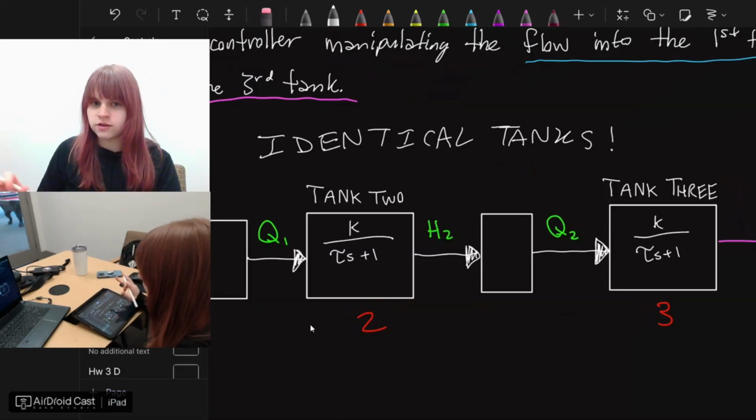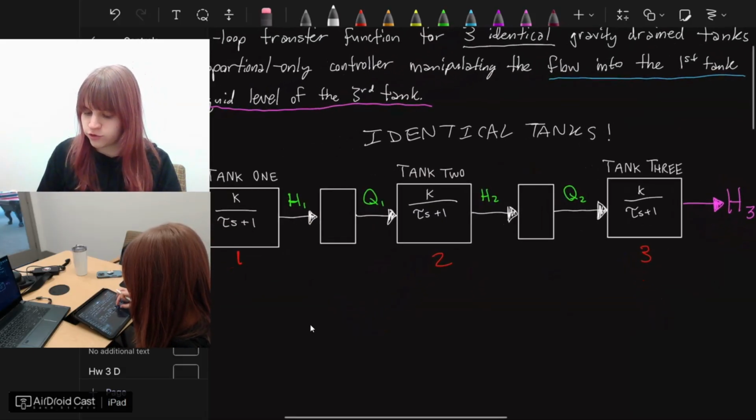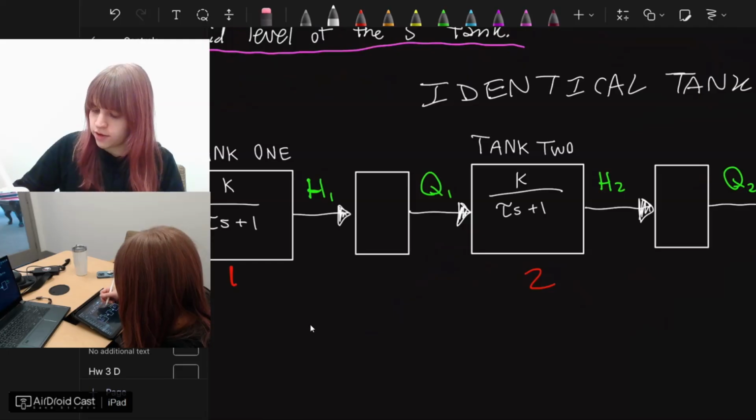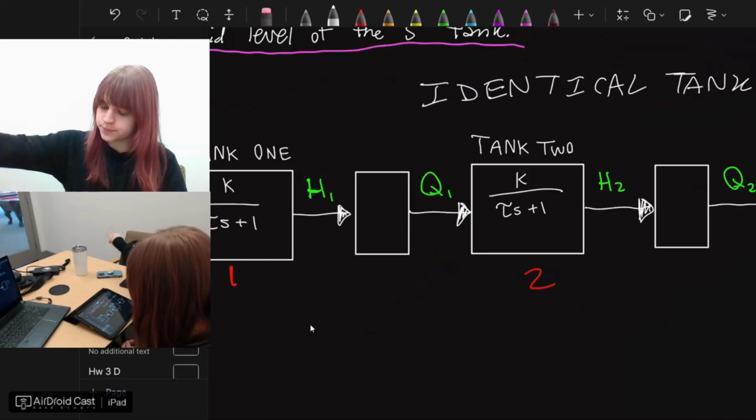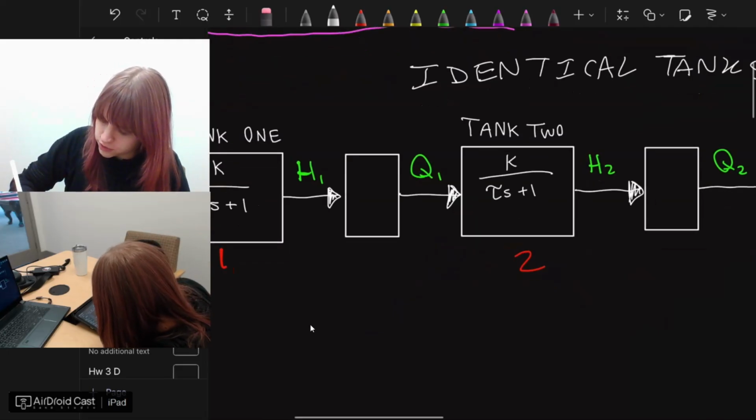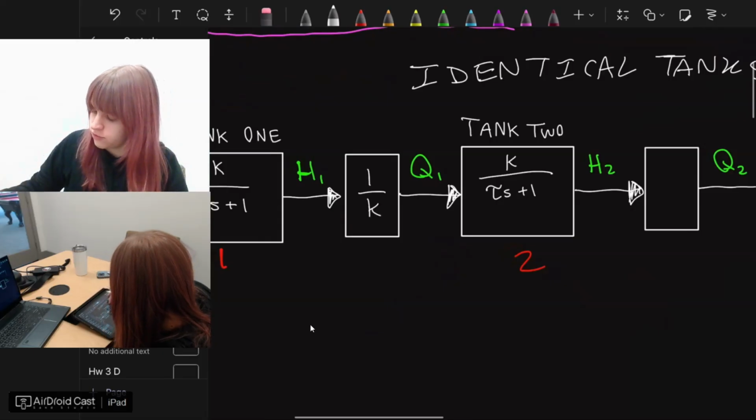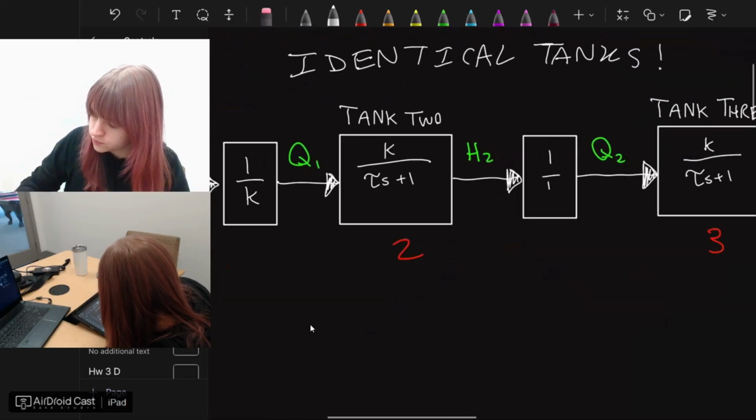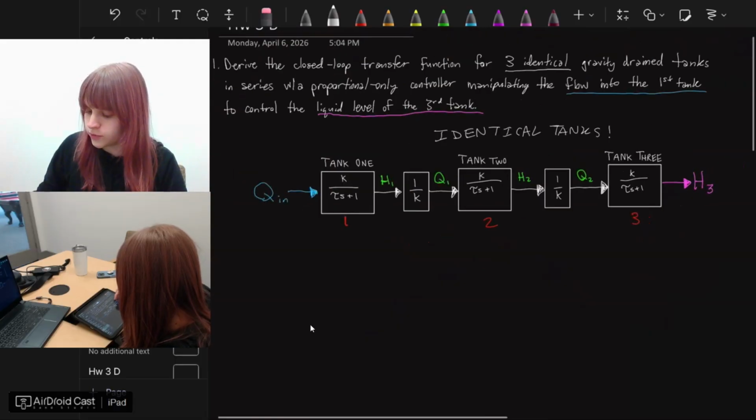If they were not identical, that would be a different story. And then getting from the height to the flow rate, we have a 1 over K, or the inverse gain right there. And again, that's the same for both of those.